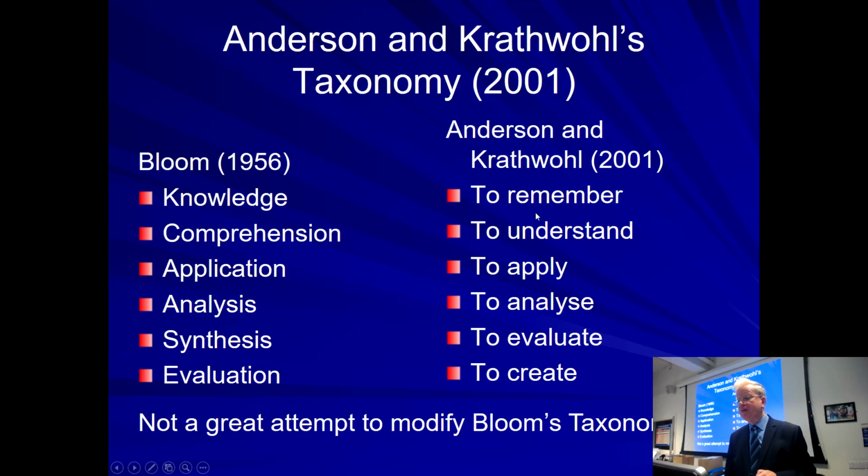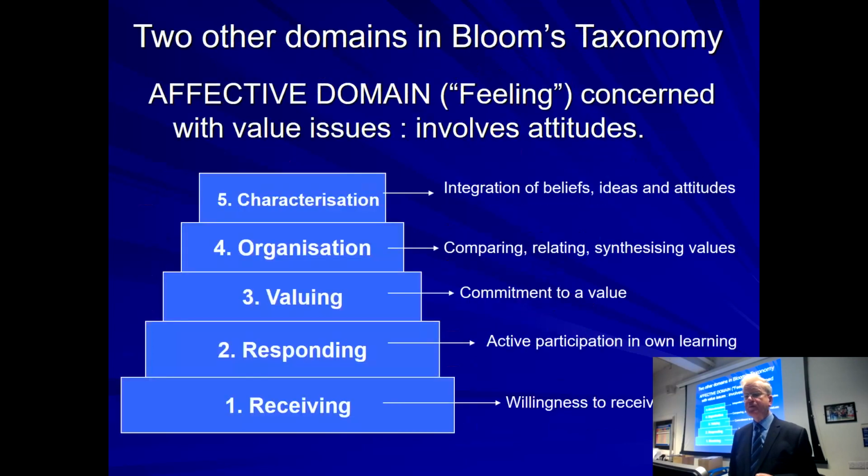It wasn't very popular, and in the literature, most authors refer back to the original of Bloom. Bloom died in 1999, and 2 years after his death, this came out. So when I talk about Bloom's taxonomy, I'll be talking about Bloom's taxonomy as it stands in the original book written by Bloom, rather than the Anderson and Krathwohl's taxonomy.